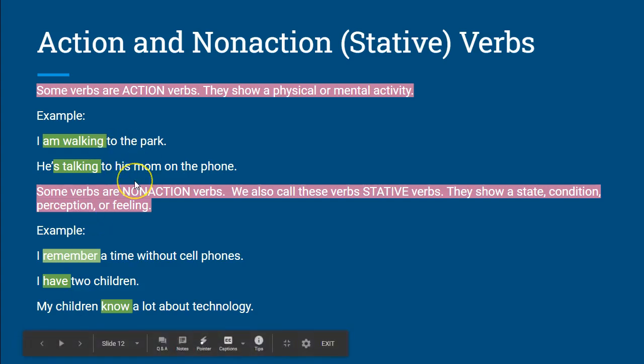Now, something else that you have to pay attention to when you're using the present continuous are action and non-action verbs. So we can also call non-action verbs stative verbs. Some verbs are action verbs. That means they show a physical or a mental activity that we can see. For example, I am walking to the park.